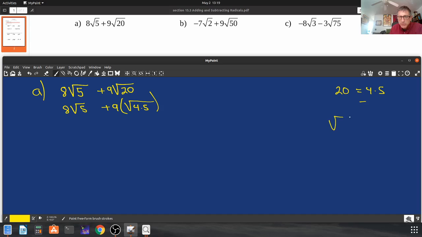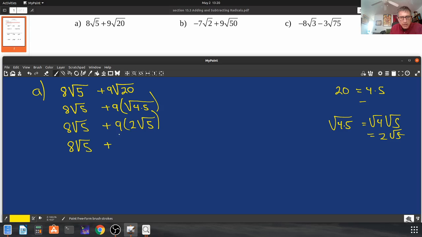Well, the square root of 4 times 5 is the square root of 4 times the square root of 5, which is 2 times the square root of 5. So, plus 9 times 2 times the square root of 5. So that's 8 on the square root of 5. I'm just bringing it down. 9 times 2 is 18.